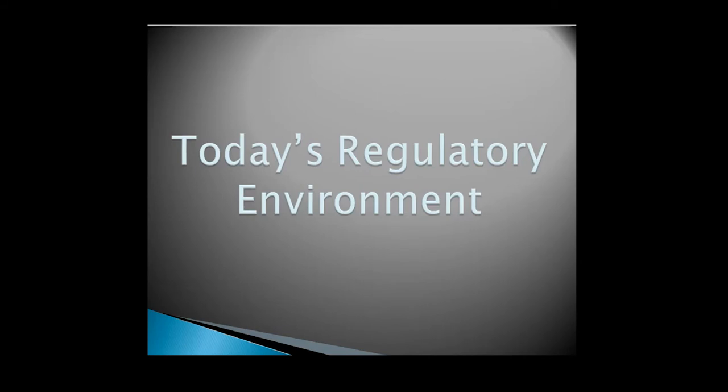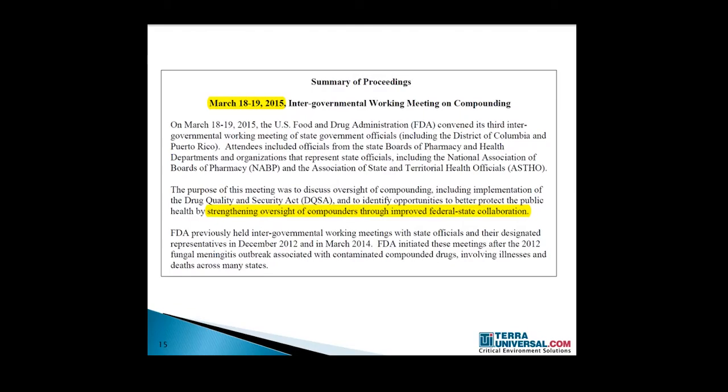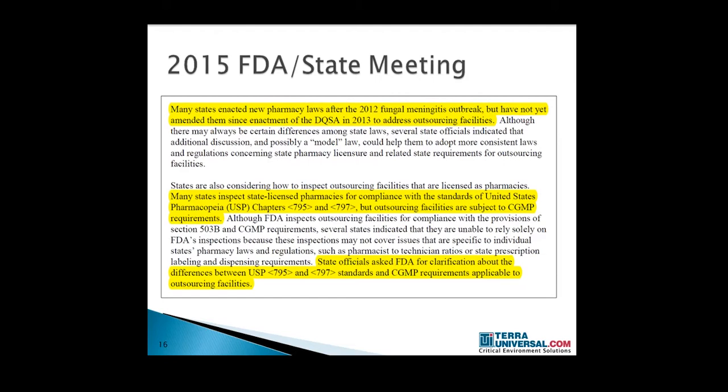The main disconnect between the FDA and the state boards of pharmacy is that FDA has moved forward very aggressively to enforce the standards in CGMP, whereas the states have passed new laws for compounding, but generally lack the resources and the knowledge to inspect outsourcing facilities within their own borders.